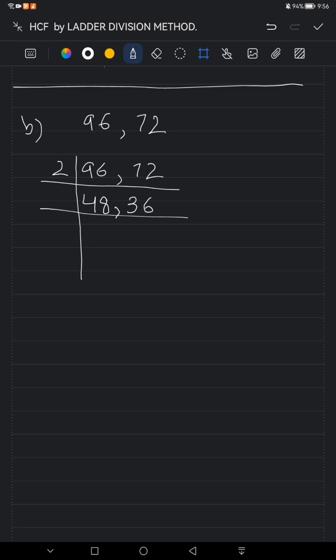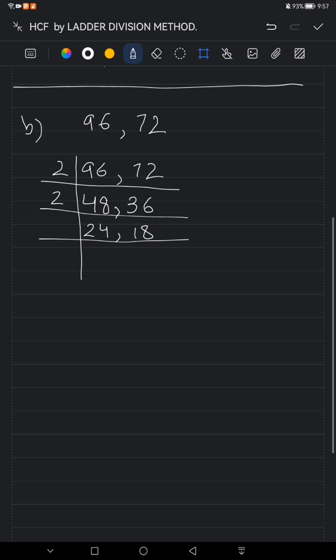Now if you are unable to divide 96 by 2 mentally, you can show the division. You can use the rough working and show it over there and do the long division and find out the answer. Now 48 and 36, they also are even numbers. So the smallest possible common prime factor of these two is 2 again. 2 times 24 and 2 times 18.